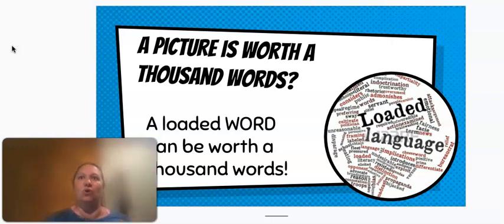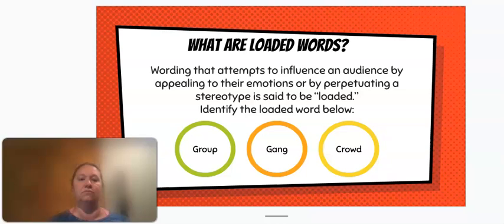A single word choice can make such a difference one way or the other in your writing, or as you're reading your sources, how you feel about that particular article. So loaded words are meant to evoke emotions or perpetuate a stereotype.